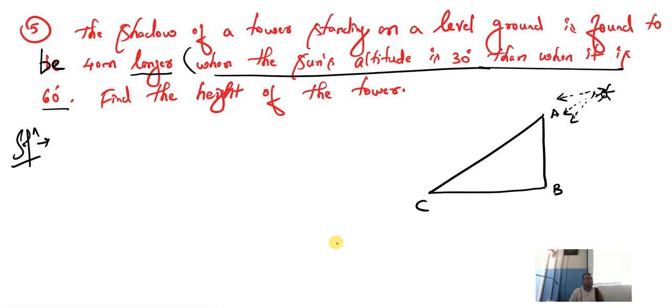It is coming 40 meters long, when its altitude is 30 degree. But then when it is 60 degree, it means first the angle of elevation was 60 degree. First the sun's altitude was 60 degree.